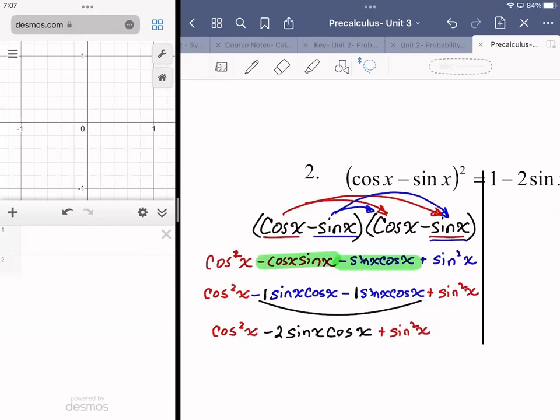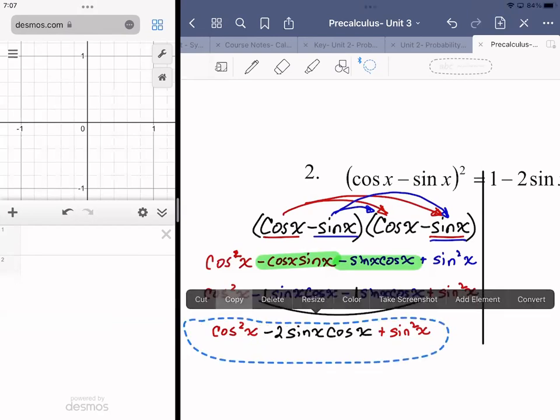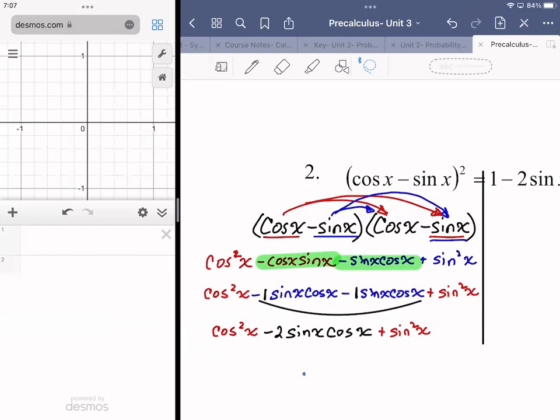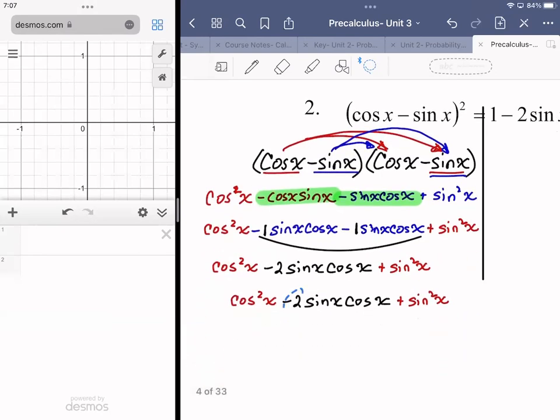Now, this is what I meant with the commutative property. I can take this and move some things around. Because if I can group the red stuff together, that's actually an identity. That's the Pythagorean identity. That's what we just spent a whole page trying to learn about.